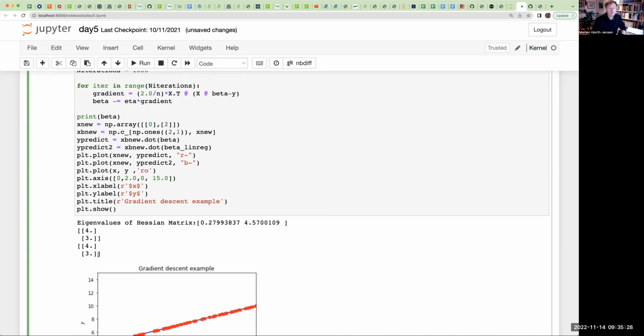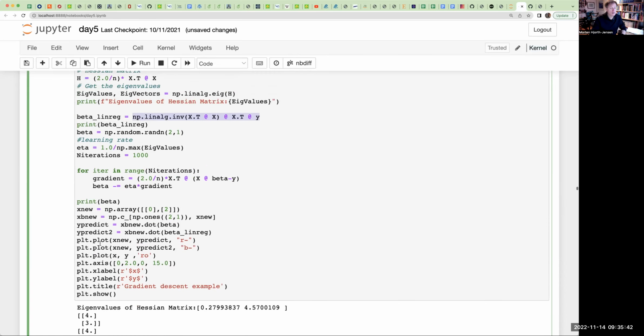And then you see now that my problem with the correct learning rate approximation gives me the same result as I would get by matrix inversion. Now what I could do is change this value here and just choose a parameter and see what happens. So we know that the eigenvalues should be between 0.27 and 4.5. But let's now choose a learning rate which is 0.1 here, and see what happens.